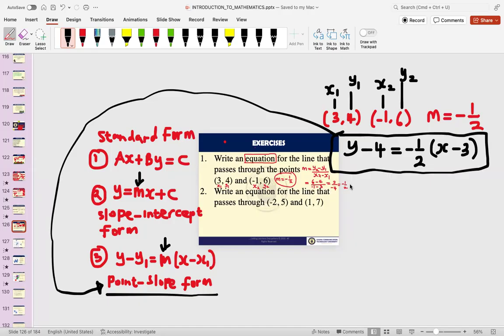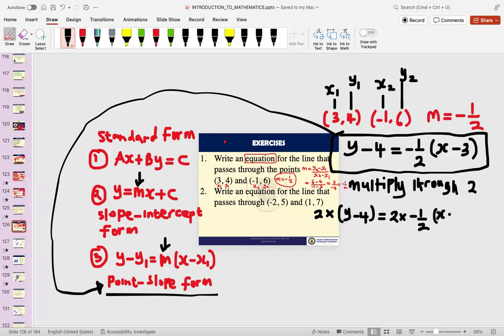So these two will have to clear. So what do we do? We have to multiply through by 2. It means that everywhere should be multiplied through by 2. So when we take this one, we'll have 2 times y minus 4 is equal to 2 times negative 1 over 2 into x minus 3.